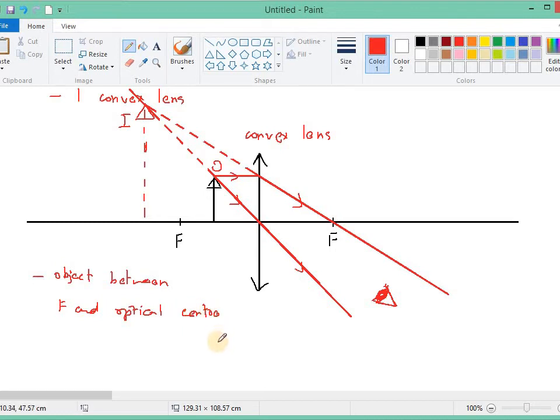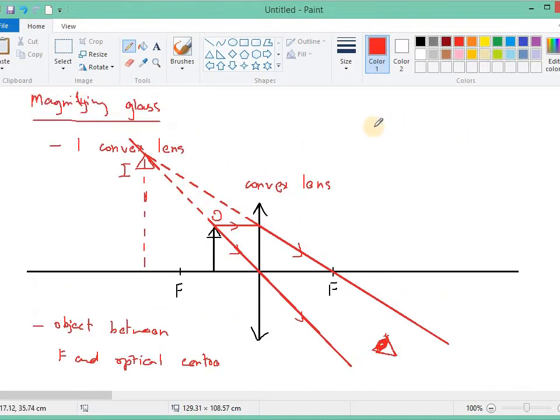Then we will be able to produce a magnified image, upright and virtual. Actually, whether virtual or not is not important, because for a magnifying glass the most important thing is that the image is upright and magnified. That is the first thing. We want a magnified image that is bigger, and we want it to be upright.